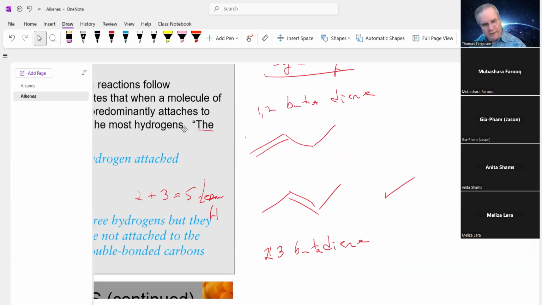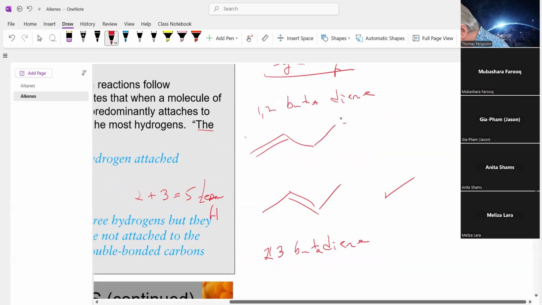Okay, the other way is to use Markovnikov's rule. We've got 3 hydrogens there, 2 hydrogens there, 3 hydrogens there, 3 hydrogens there. So 5, 6 total. 6 wins. So you have symmetry and Markovnikov.